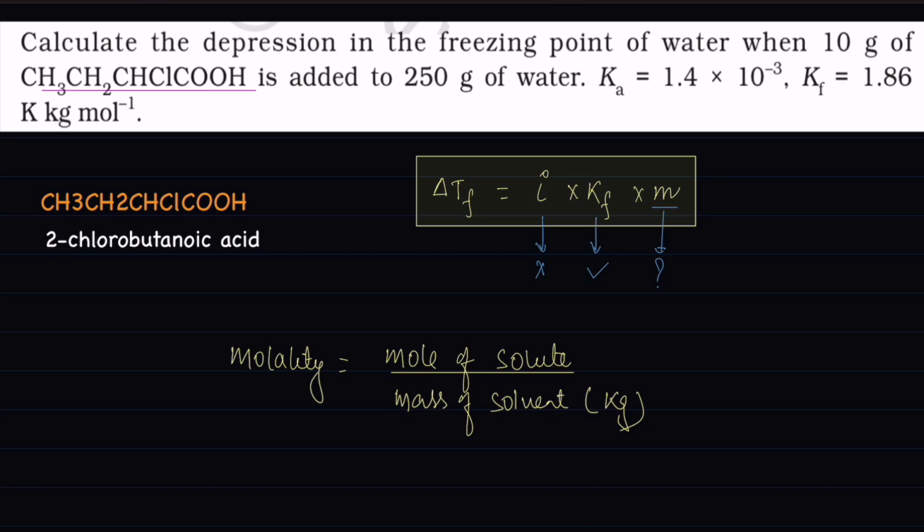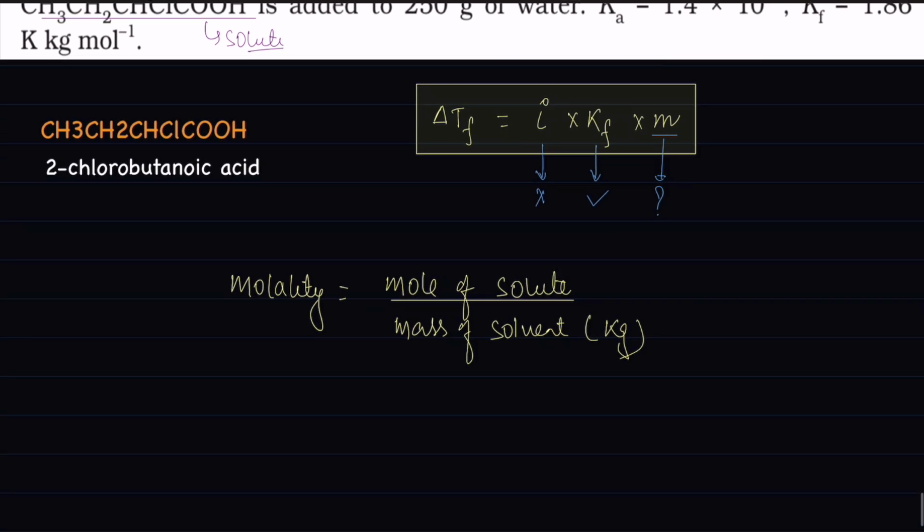This is the solute here. And solvent is water. Now we have to find the mole of solute. So mole of solute is equal to mass of solute divided by molar mass of solute or molecular mass of solute.